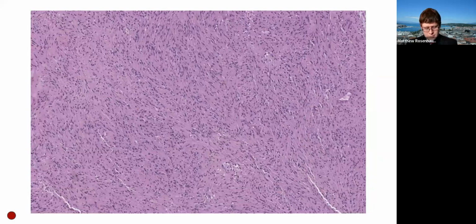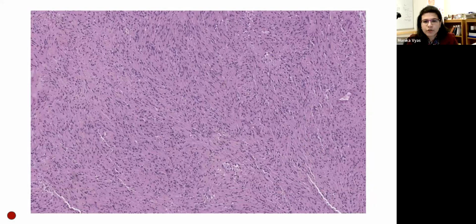Sections of this tumor showed a very homogeneous spindled appearance. You can see fascicles of spindle cells throughout the lesion, with some thin-walled blood vessels in the center. There's no obvious atypia in these cells, so everything looked pretty monomorphous.